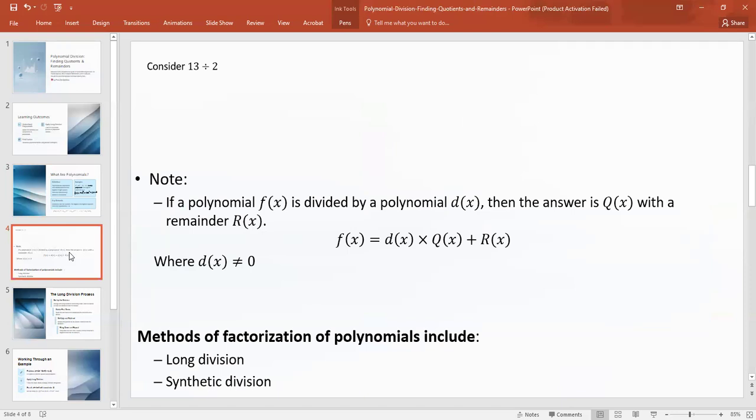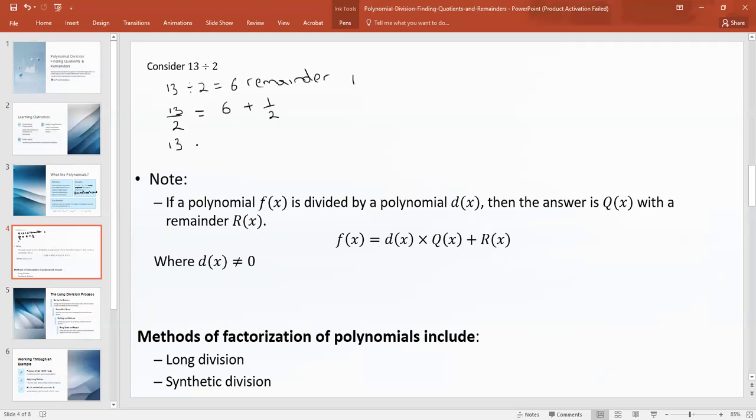If you're asked to divide 13 by 2, what will this be equal to? Definitely you know the answer. 13 divided by 2 is equal to 6 remainder 1, right? Alternatively, we can write it as 13 divided by 2 is equal to 6 plus 1 divided by 2.